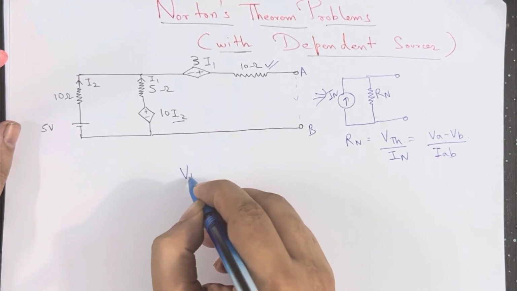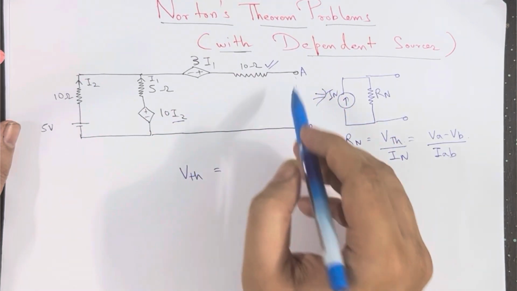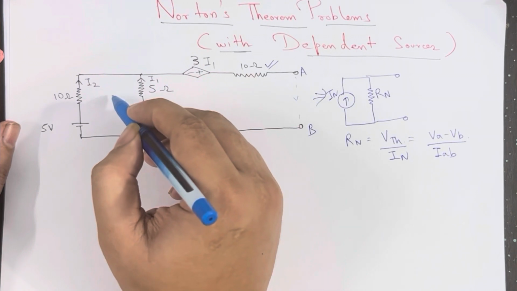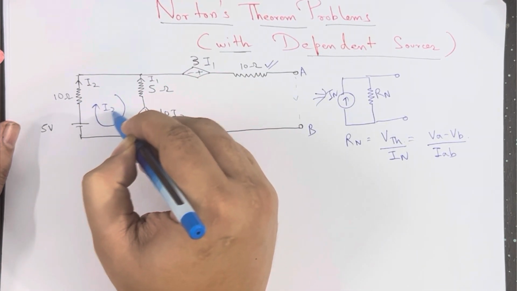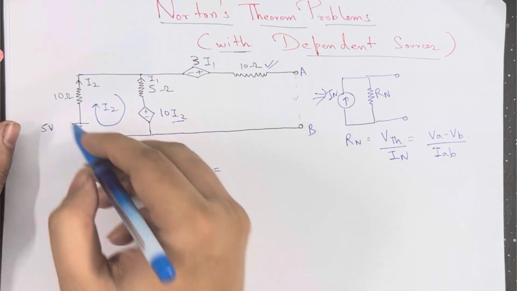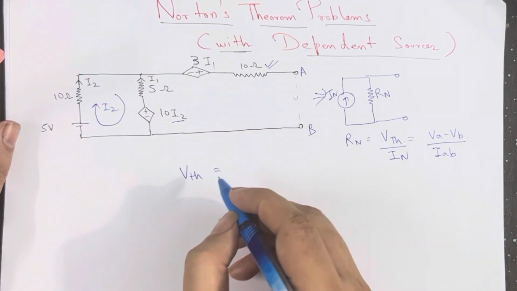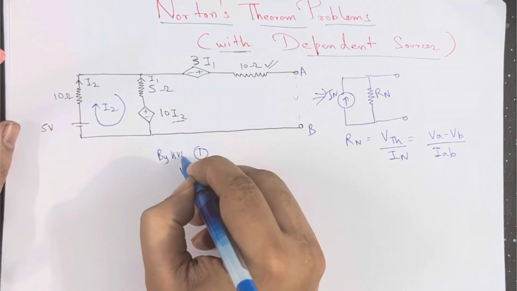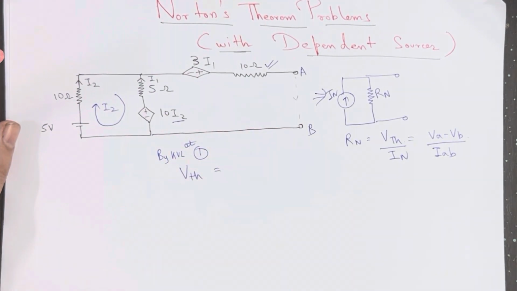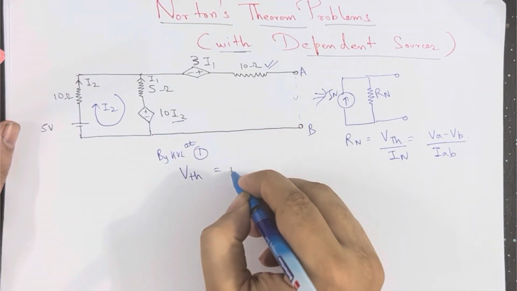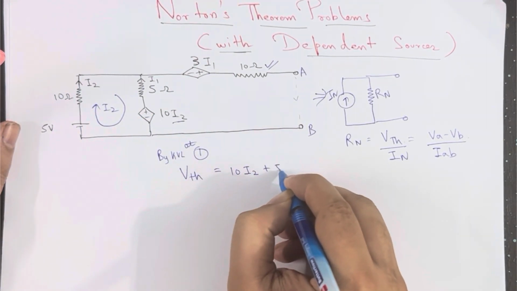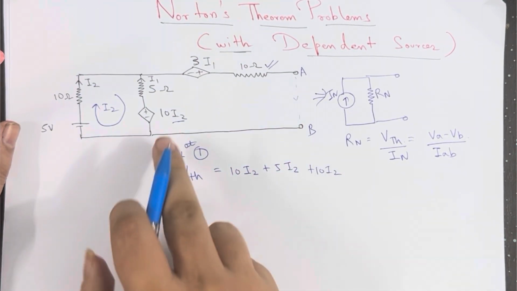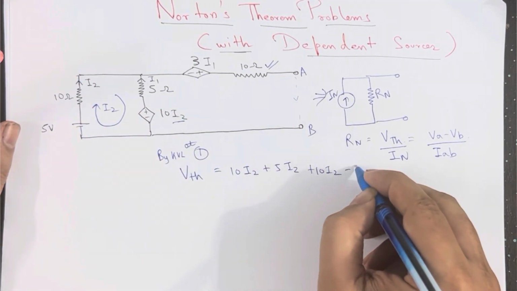So how will we solve? First we will take out VTH, which is VA minus VB. No current is flowing in this loop because it's open circuit, and here we can assume I2 is flowing in this direction because the direction is already mentioned. Let's write a KVL equation at loop 1: 10 I2 plus 5 I2 plus 10 I2, which is a potential source, mind it, minus 5 equals 0.